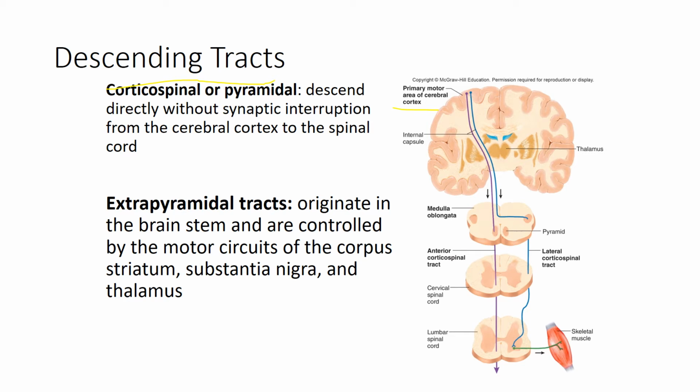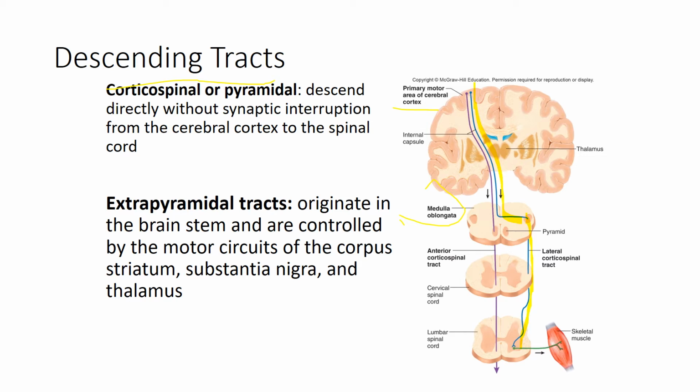And so 80 to 90% of these are going to cross over at the level of the medulla oblongata. So if we're looking at this, we're going to follow then that blue descending path, okay? And then descend then in a lateral corticospinal tract.